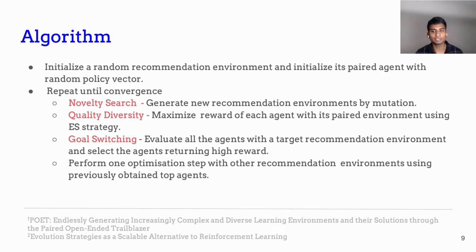The three important features of the algorithm that make it suitable for the recommendation setting are novelty search, where the offspring are chosen based on their behavioral divergence from an archive of individuals from previous generations, allowing the algorithm to discover novel complex challenges; quality diversity, which ensures that the algorithm not only discovers increasingly difficult challenges, but also learns to solve them; and goal switching, which encourages knowledge sharing by periodically testing the performance of the offspring agent on one environment in another environment.